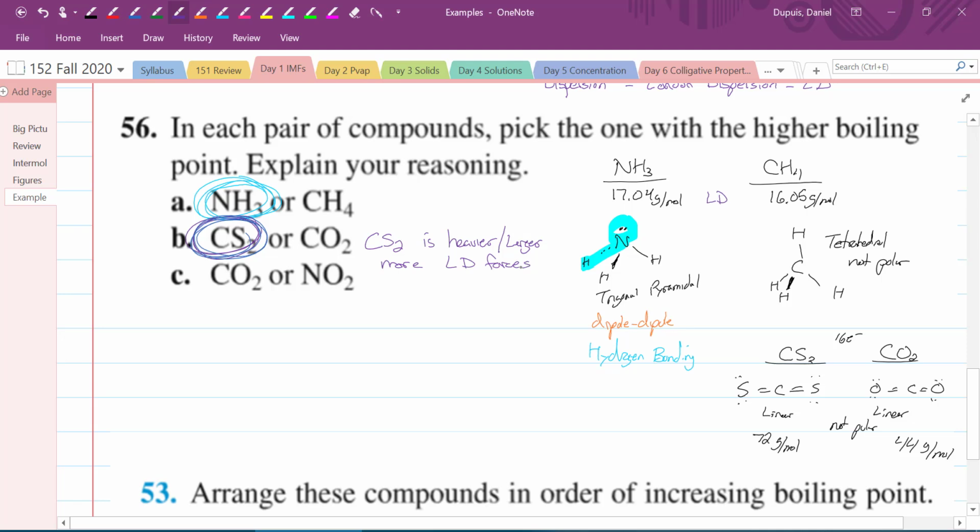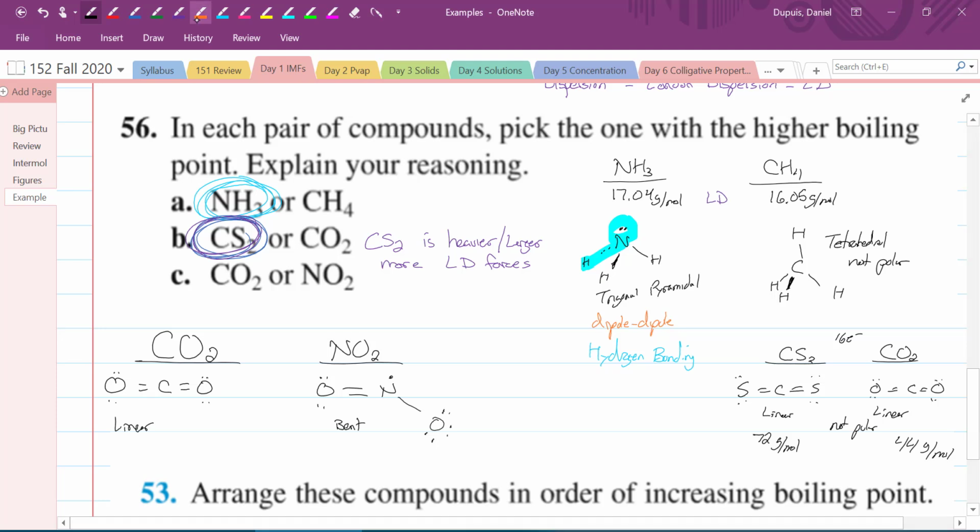Last but not least, CO2 and NO2. So we look at CO2 again, OCO, 16 electrons. NO2 is 17 electrons, right? We gained an electron, N with O and O. So now we're at bent versus linear.